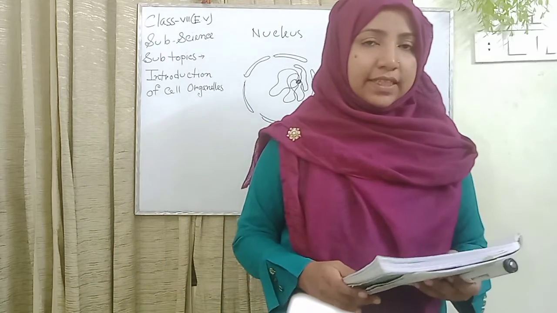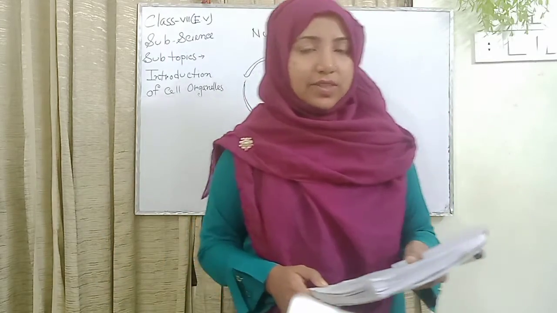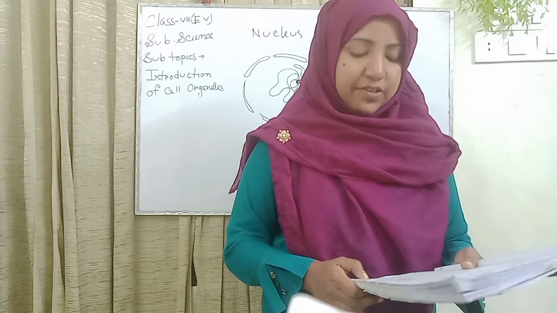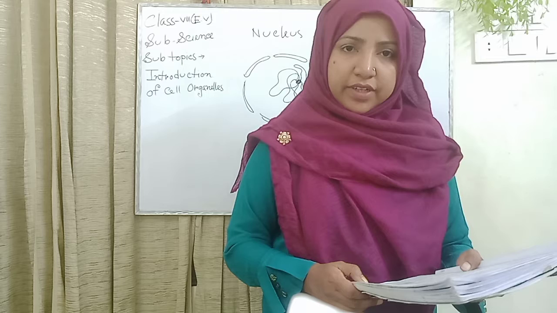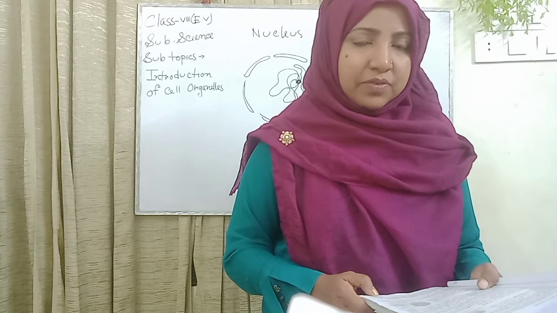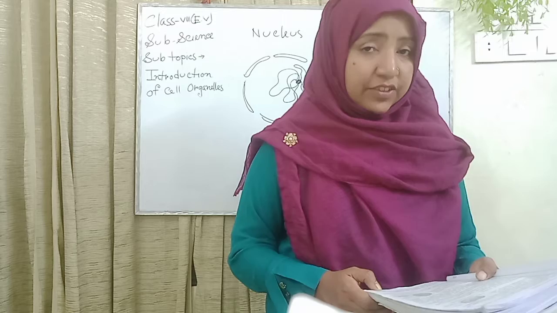The third structure is the Golgi body, which basically secretes enzymes and hormones, and fourth is the centrioles. The centrioles are another very important structure; in cell division, they help in the metaphase plate stage.